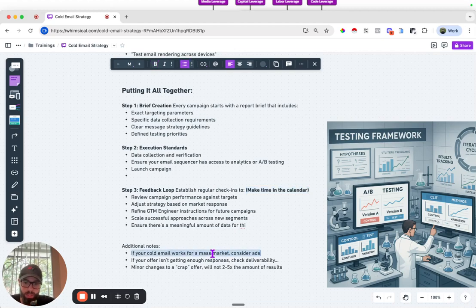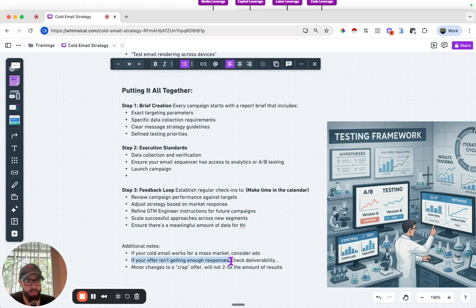Other additional notes that I would mention here is that if your cold email works for a mass market, feel free to consider ads. Sometimes ads will have a lower cost per lead than cold email if your offer is good enough. Also, if your offer isn't getting enough responses, typically you have an under a 1% response rate, consider checking your deliverability.